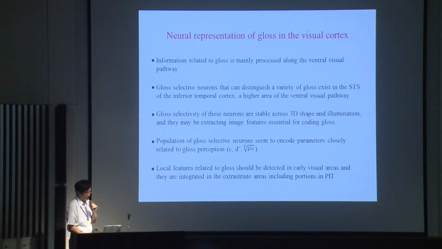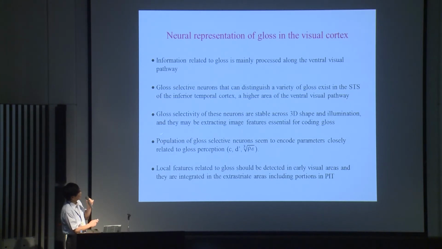Okay. To summarize, information related to gloss is mainly processed along the ventral visual pathway. And gloss-selective neurons that can distinguish a variety of gloss exist in the STS of the inferior temporal cortex, a higher area of the ventral visual pathway. And the gloss selectivity of these neurons is stable across 3D shape and illumination, and they may be extracting image features essential for coding gloss.